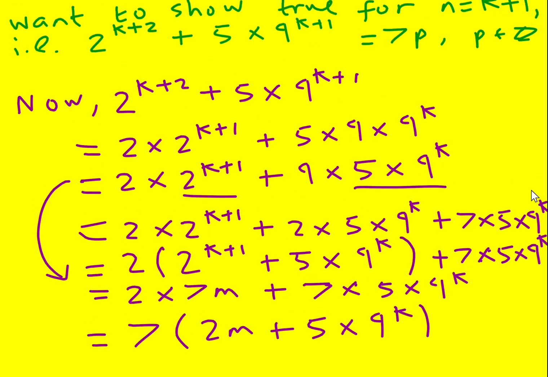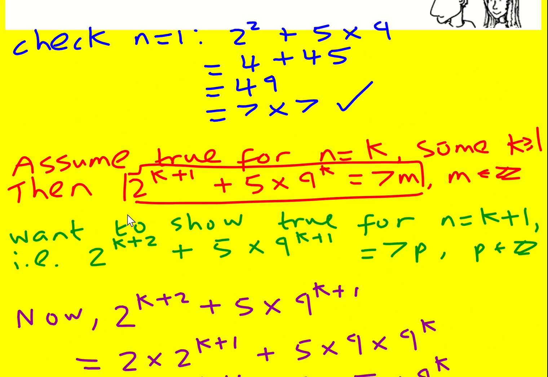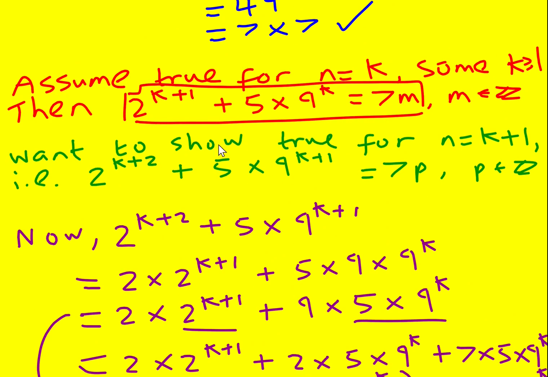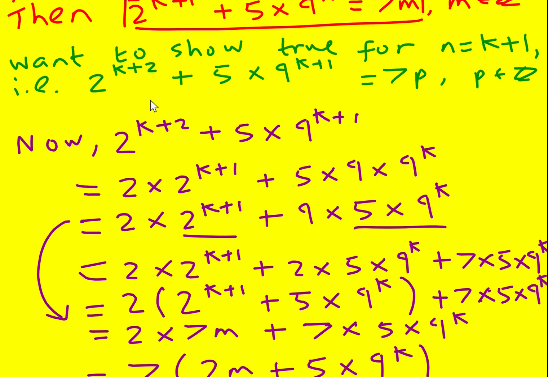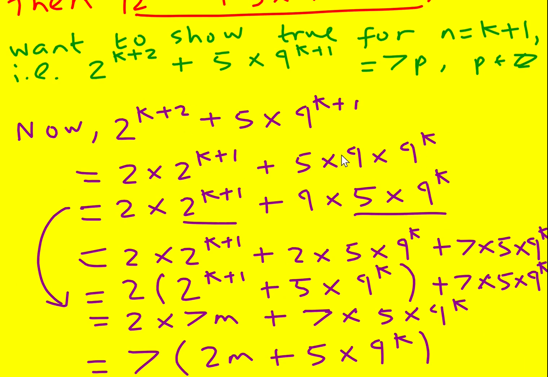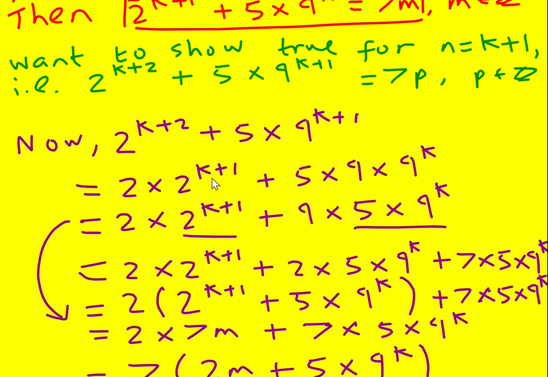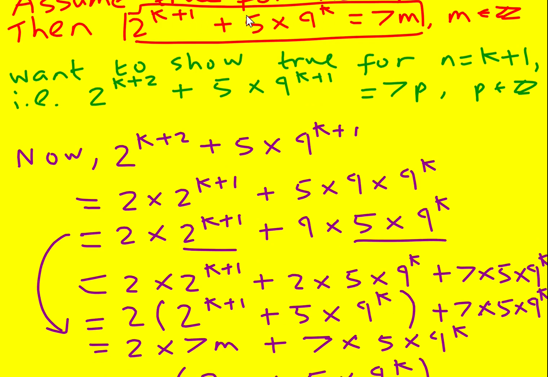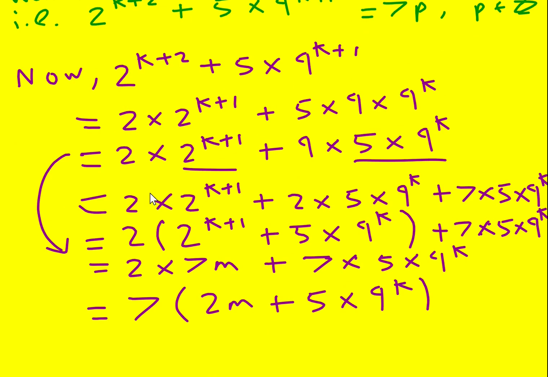I'm just going to pause here and try and explain again what I've done. So yeah, we've checked if n equals 1. We've assumed it's true for n equals k. We want to show that this is true. This is kind of in the back of our minds. We start with that statement for k plus 1. Just need to manipulate it, bring the powers down appropriately, so we've got something that looks a bit like the n equals k version. And then here's the crucial bit, bringing together as much as we can. So now I can replace that 2 to the k plus 1 plus 5 times 9 to the k by this 7m, because I've assumed that it's divisible by 7.